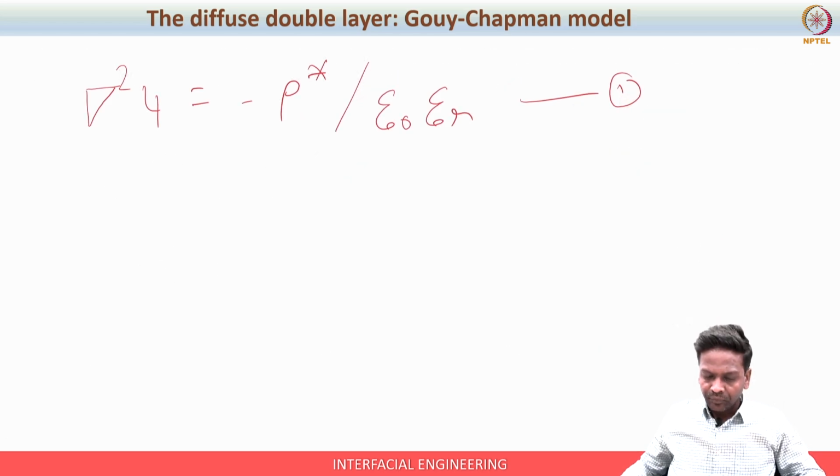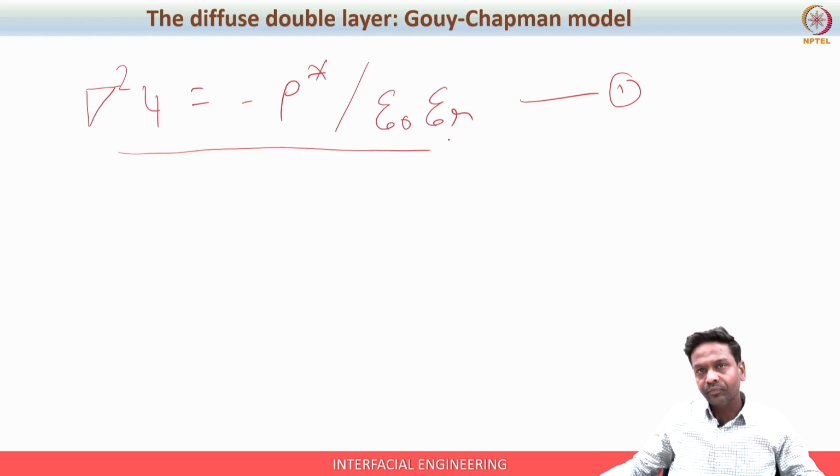So here we will try to obtain the potential variation across the surface, across the interface, as a function of distance as well as a function of electrolyte concentration. Our starting point is going to be the Poisson equation.